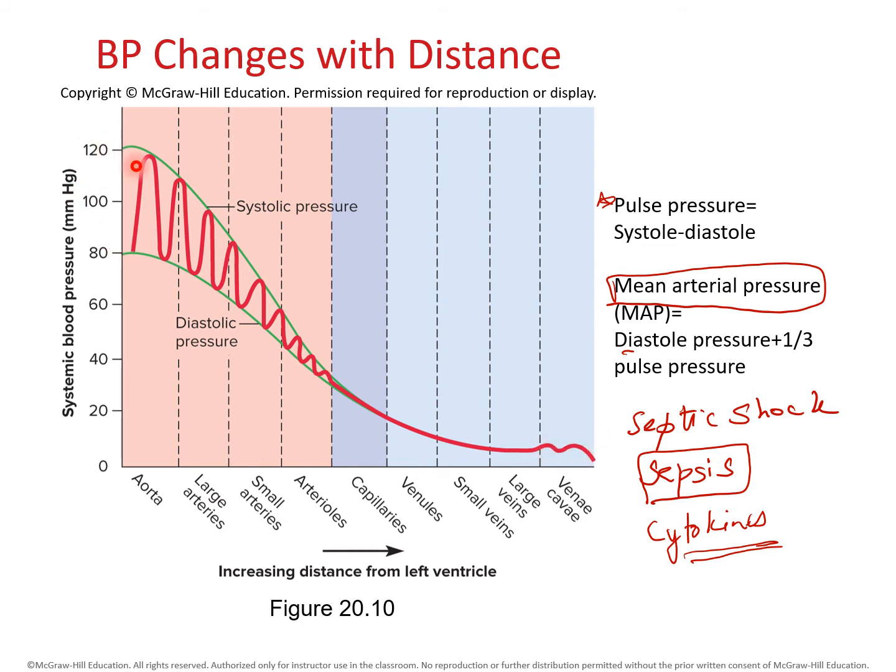Right, so you can see over here, this is the arterial pressure, and systolic pressure is 120 on average in a healthy adult, and systolic is the maximum pressure during ventricular contraction, and the lowest pressure during relaxation, right before the next ventricular contraction, is the diastolic pressure over here.